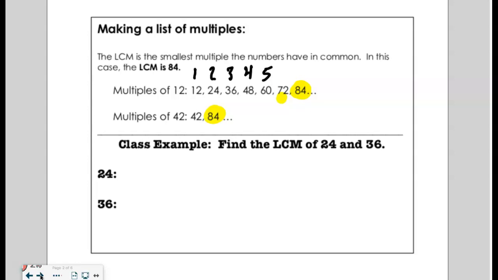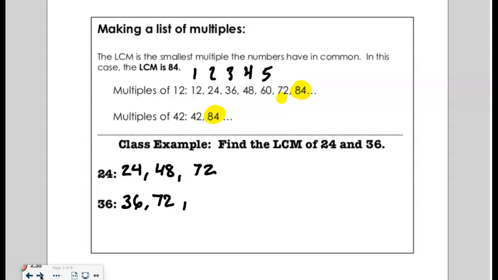So 1 times 24 is 24. 1 times 36 is 36. 2 times 24 is 48. 2 times 36 is 72. 3 times 24 is 72.